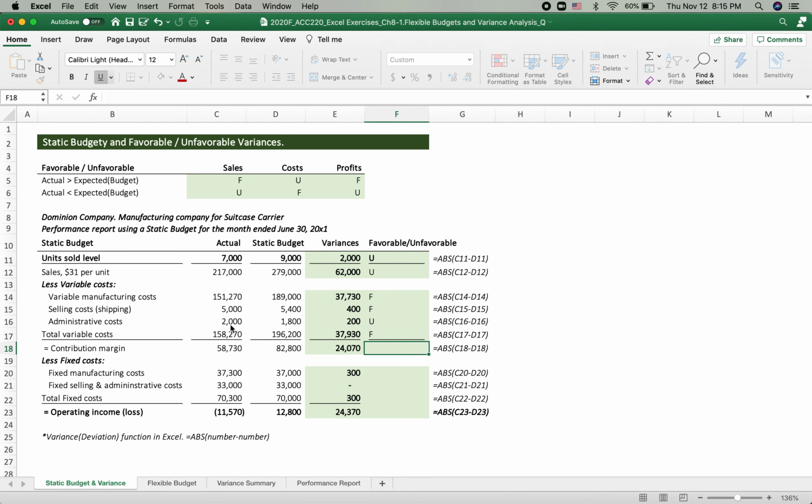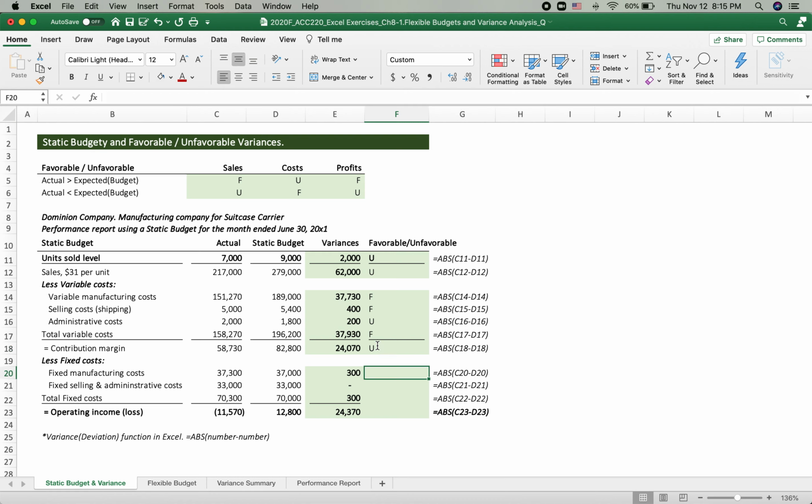So that is favorable, and contribution margin also. Now contribution margin we saved, so contribution margin is favorable. Oh, sorry, it's my mistake. This contribution margin has been reduced, so it should be unfavorable.